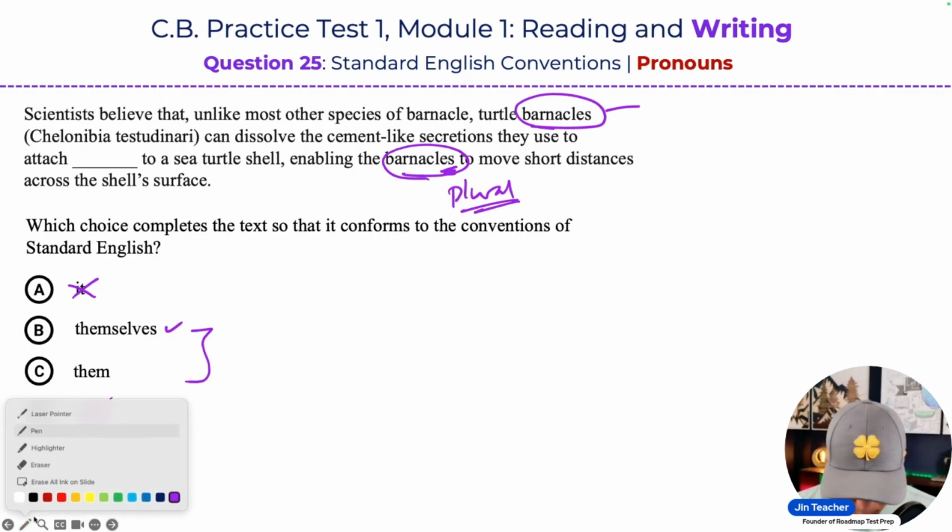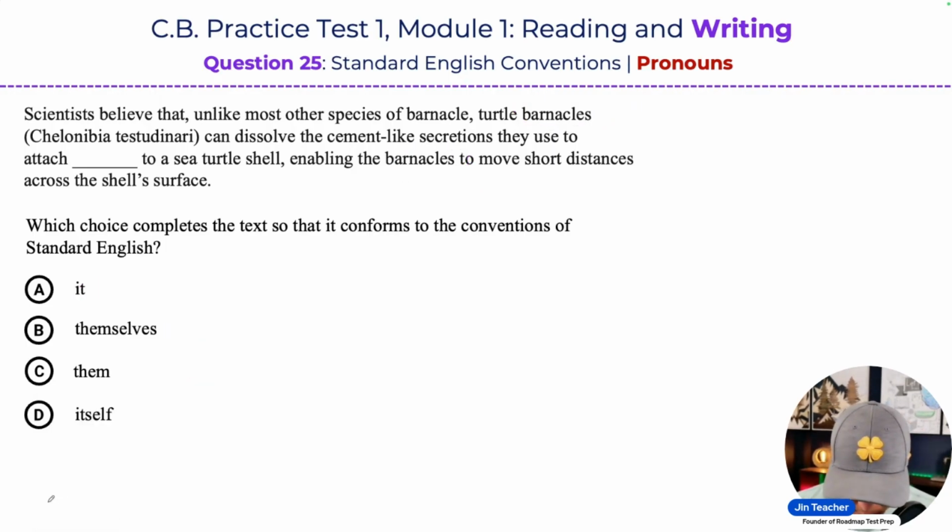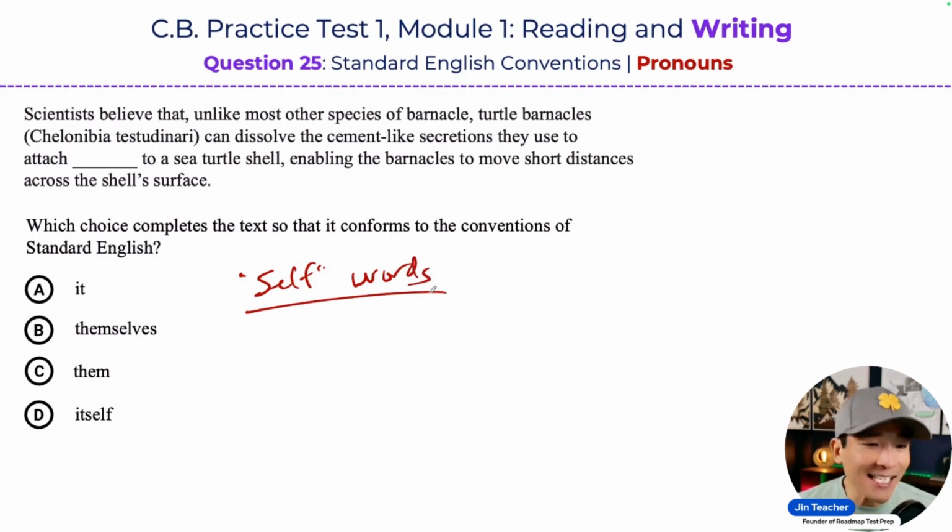This is a cool grammar concept that not a lot of students know. We have these self words, words like themselves, myself, itself, himself, herself. There are two types of self words that will appear on the SAT.